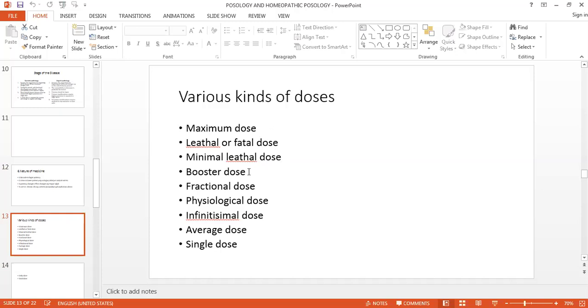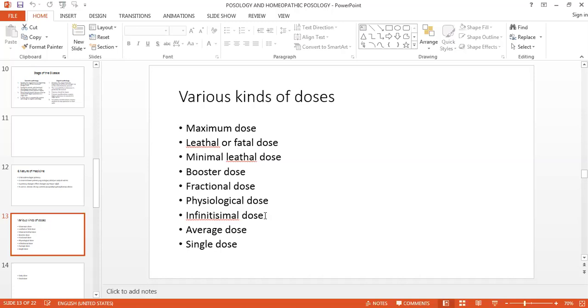We can give the booster dose, a fractional dose also we are giving, but we are not giving the physiological dose, as it is not beneficial, as it is toxic to the patient. Yes, we are giving the infinitesimal small dose, because the benefit of this infinitesimal dose is that if your medicine may not be perfectly similar, then this will not damage the vital force, or the internal organs or tissues, as much as the maximum dose or the physiological dose.